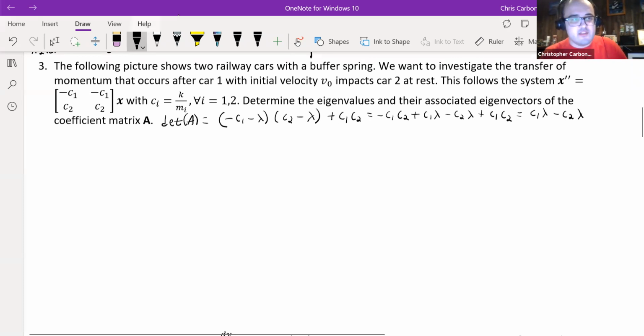And we also have a lambda squared that I did not put into here. Let me quickly add that in. We have a plus lambda squared here. And we still have plus c sub 1 times c sub 2. So after we cancel out our 2 terms that are the same but different sign, we get c sub 1 times lambda minus c sub 2 times lambda plus lambda squared.